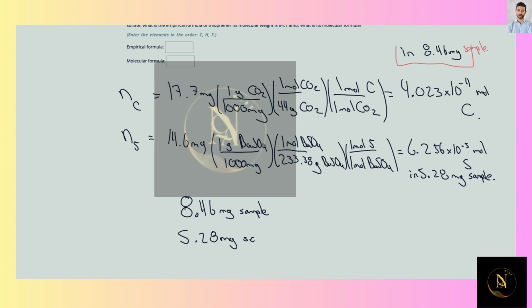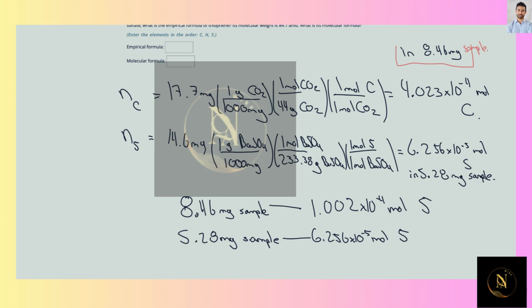If we know that in a 5.28 milligram sample, we're going to have 6.256 times 10 to the minus 5 mole of sulfur, then in an 8.46 milligram sample, we're going to have 1.002 times 10 to the minus 4 mole of sulfur.